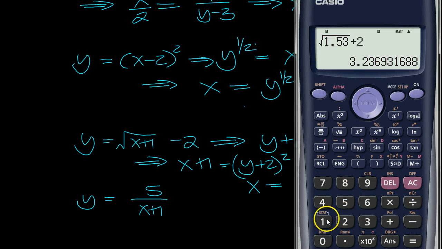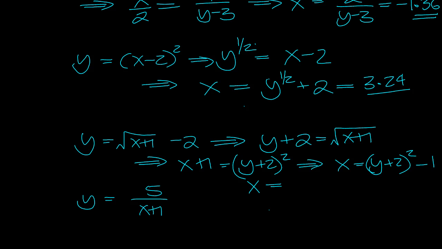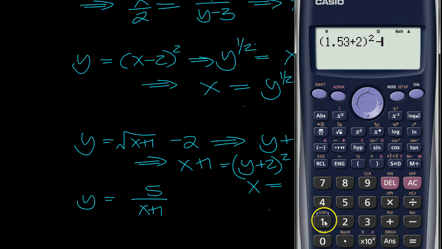So it's 1.53 plus 2 bracket, all that squared, wasn't it? So that squared minus 1. 11.46.